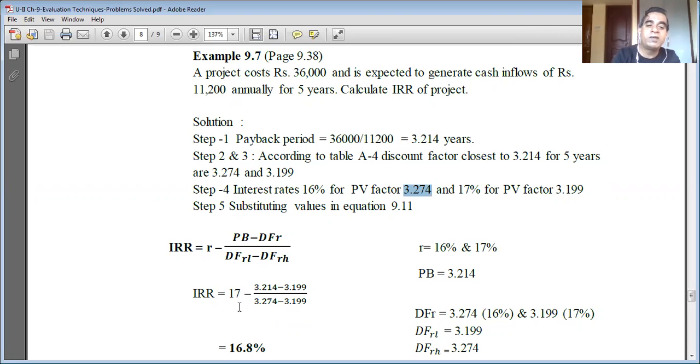Once you simplify this, a calculator will help you calculate more accurately and quickly. Once you simplify the equation, the answer will be 16.8%. The internal rate of return is 16.8%.